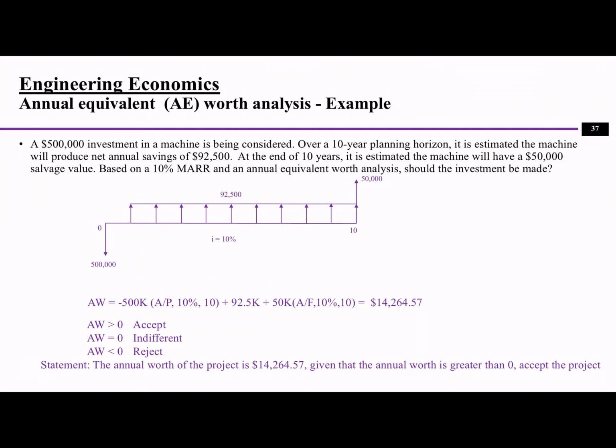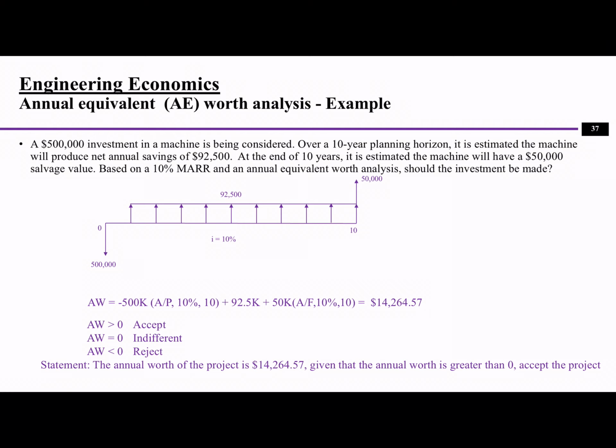Now, because a lot of those cash flows are already in equal payments, or annual payments, and only 2 cash flows are not annual payments, we probably want to convert those into annual payments. Convert the $500,000 and the $50,000 into annual payments.